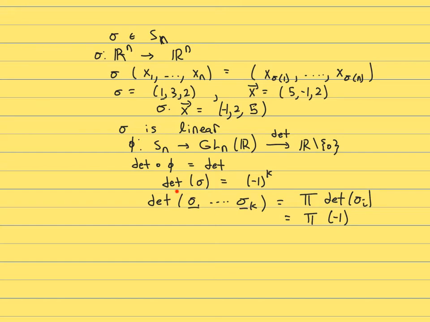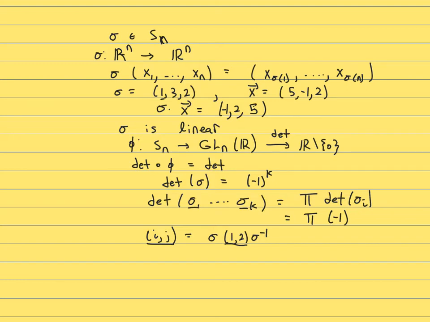Of course, why is it the case that a transposition has determinant -1? Well, the easiest way I can think of to argue it is that you can prove that every transposition is a conjugate. They're all conjugate to each other, so they're all conjugate to the transposition (1 2). So the determinant of this transposition is equal to the determinant of (1 2).